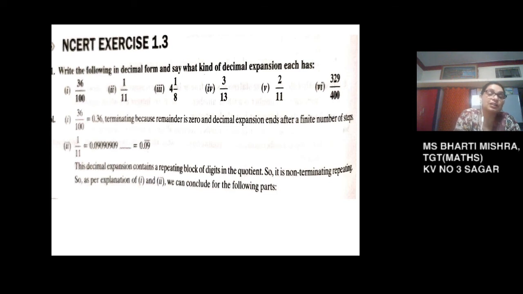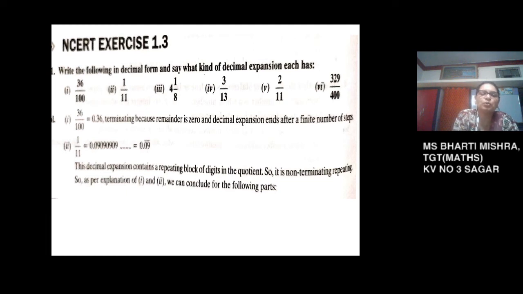The method used in class 7th: we have 100 in the denominator, there are 2 zeros. So the decimal point is going to move towards the left direction. At present in 36, the decimal point is after 6, that is 36.0.